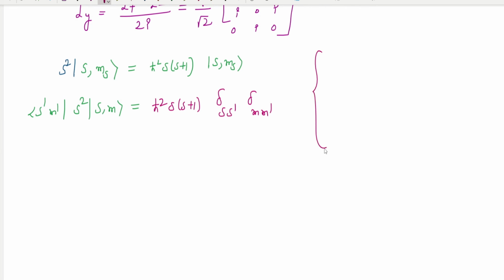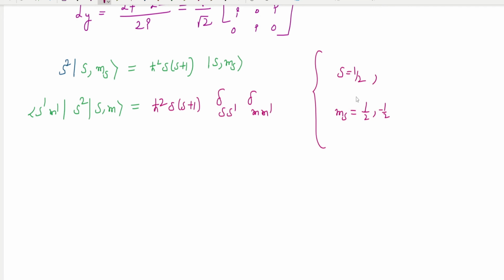You need to be careful here. What is the S value? Here I'm taking S equal to 1 divided by 2. Then what is the ms value? For spin angular momentum, plus or minus: plus 1 divided by 2, minus 1 divided by 2. So there is no 0 in between.